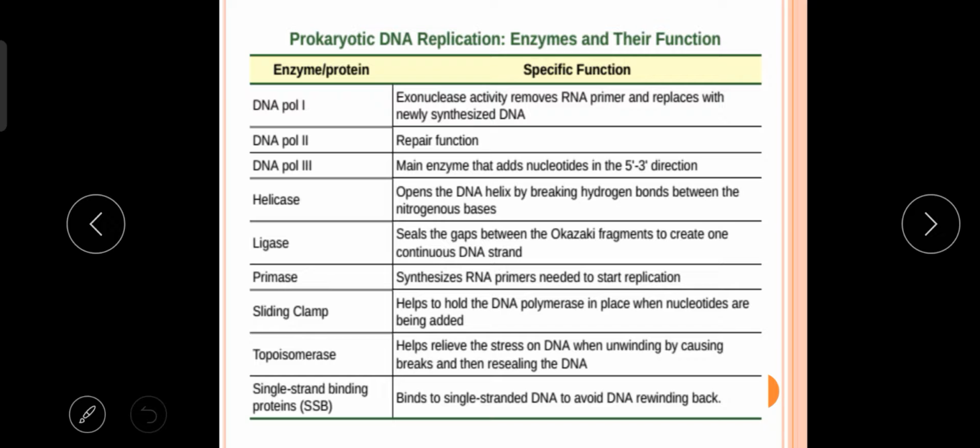Here, see, the last one, single stranded binding protein. The single stranded binding protein binds to the single stranded DNA.